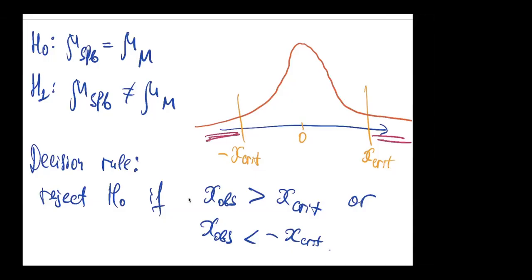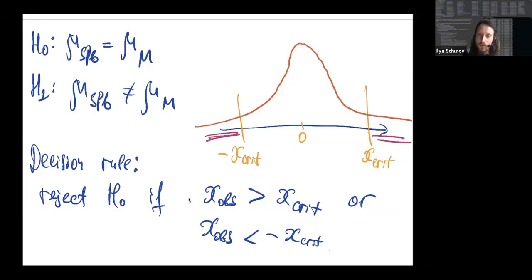Again, as we did previously, you have to choose such x critical that the probability to make type 1 error equals 5%. But what is the probability to make type 1 error now on this picture, if you reject here and here? 10%.